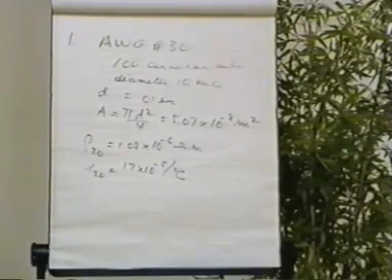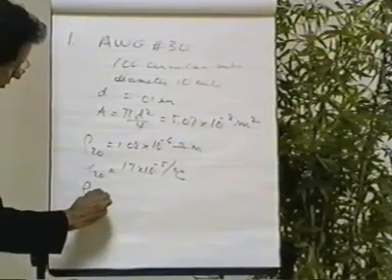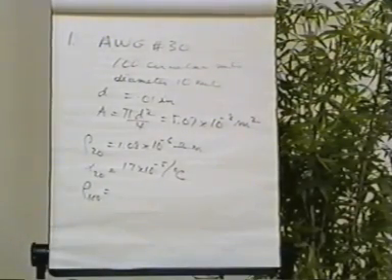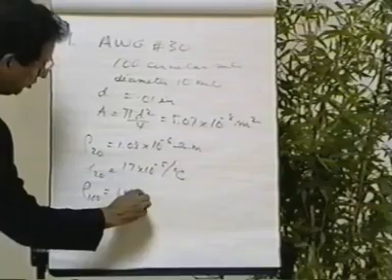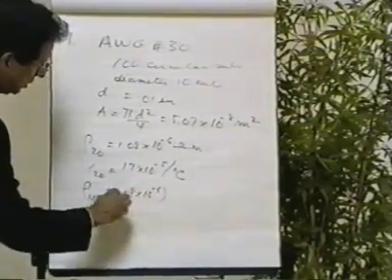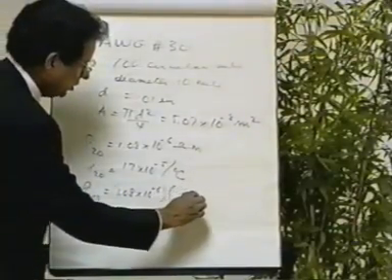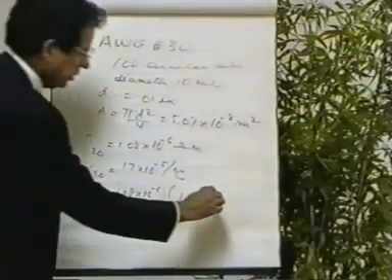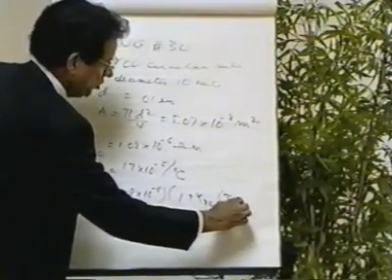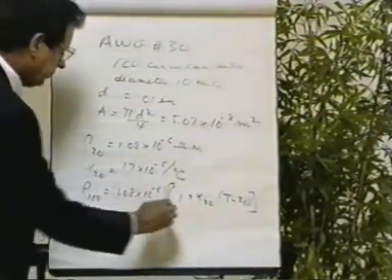And the value then of rho at 100 degrees would be obtained by taking the value of rho at 20, which is 1.08 times 10 to the minus 6, and multiplying it by the quantity 1 plus alpha at 20 times the temperature differential, which in this case would be T minus 20, or 80 degrees for that part.